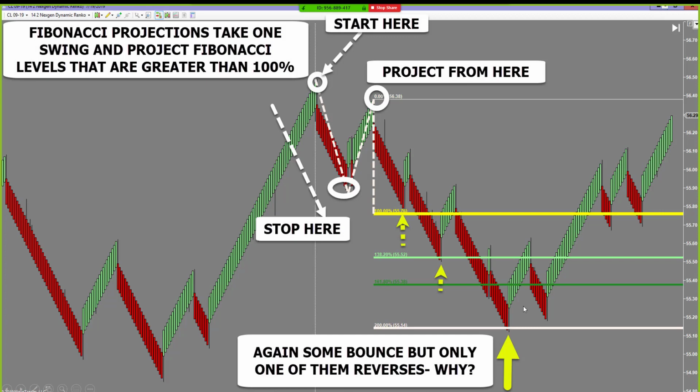So it's a combination of using retracements and projections, and you'll see that if you start at the top and use the first little swing to the downside, you can project 100% and it causes a bounce. 138% causes a bounce. And then ultimately 200% causes the reversal.